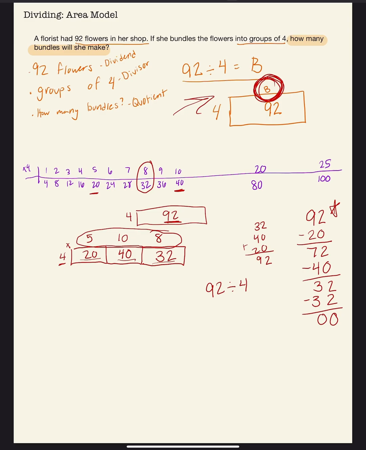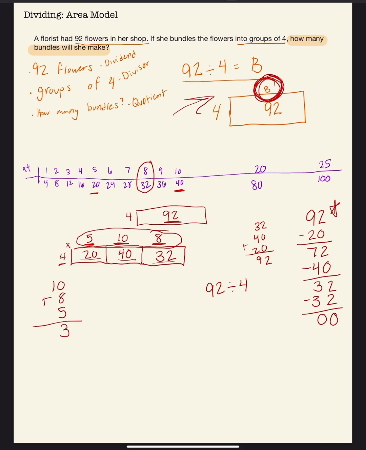That would mean that this is a partial quotient, this is a partial quotient, and this is a partial quotient. Now, to make it a complete quotient, I would need to add those up. So I would do 10 plus 8 plus 5. So I know that 8 plus 5 is 13. So it would be 13 units.